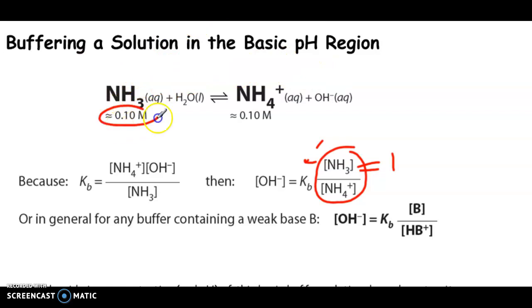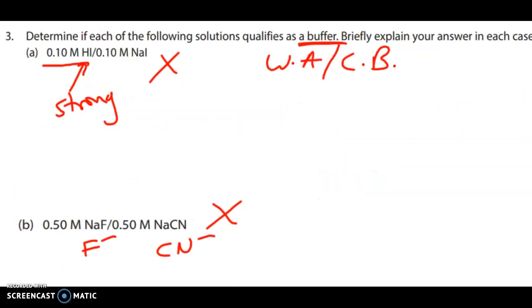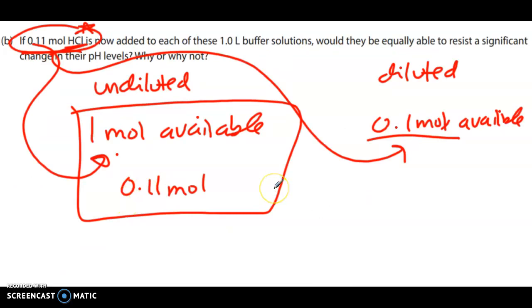The more concentration you have of the reactant and product side, so the base and its conjugate or vice versa, the more this will be able to resist a change. That actually goes back to, I'm going to flip back for a second. Remember how there was this question about which one of these would be able to resist a pH change better? It has to do with the amount of moles that are in that solution.